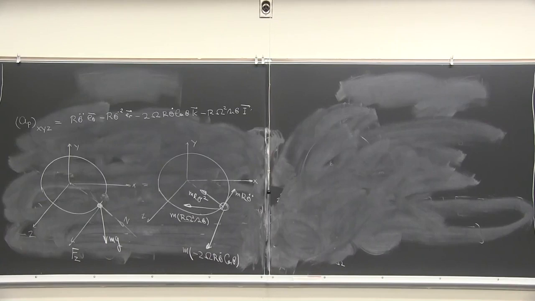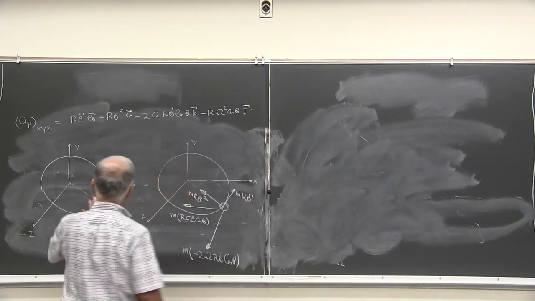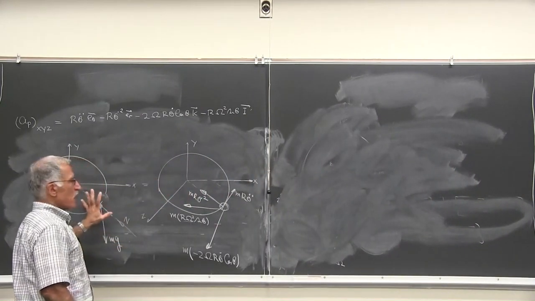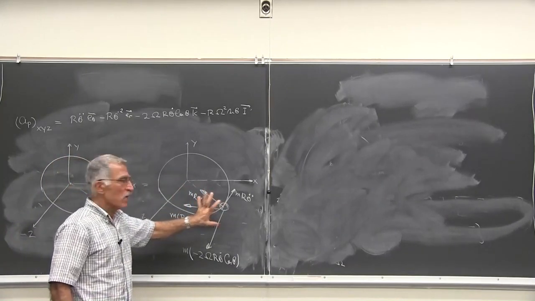Your external forces are mg. N and Fz are reaction forces. They are internal. The one that you apply to the system is called the applied force. The only one that you apply is mg, gravity. But nevertheless, you can go ahead and say the summation of forces in the direction of ER for this picture must be equal to the summation of forces in ER for this picture.